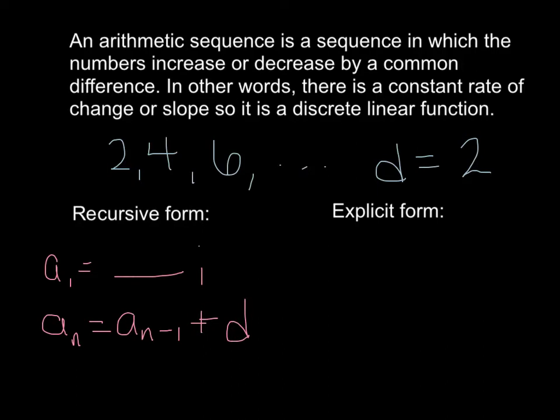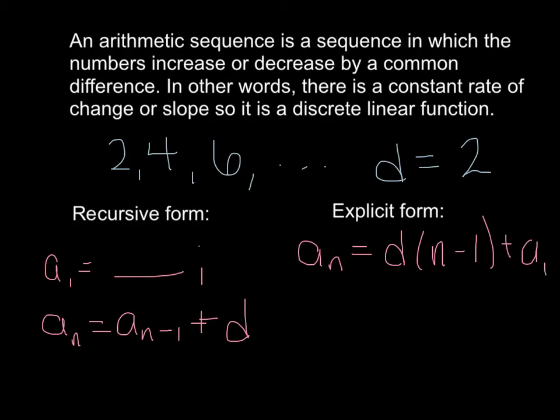The explicit form for an arithmetic sequence is as follows. a sub n, which represents whatever term it is you're looking for, equals the common difference times n minus 1 plus the first term.